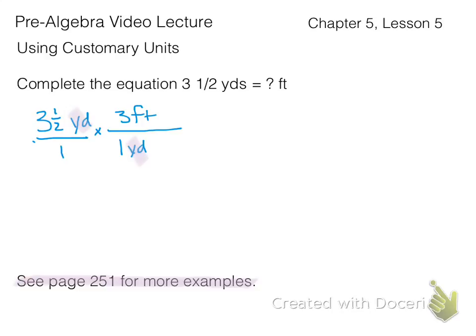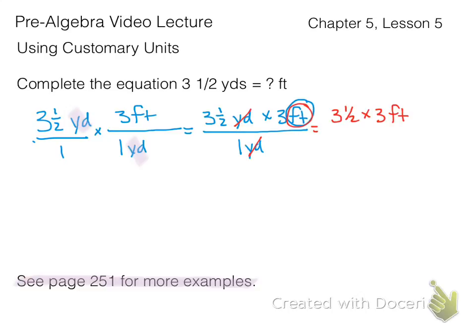So 3.5 yards over 1 times 3 feet over 1 yard, because 1 times 1 yard is 1 yard. But my yards, since they're on top of each other, cancel out, leaving me just feet. So 3.5 times 3 feet is 10.5. 10.5 over 1 is 10.5 feet.